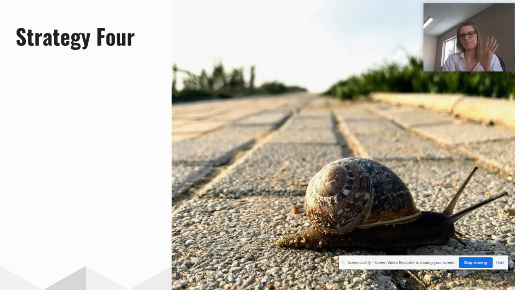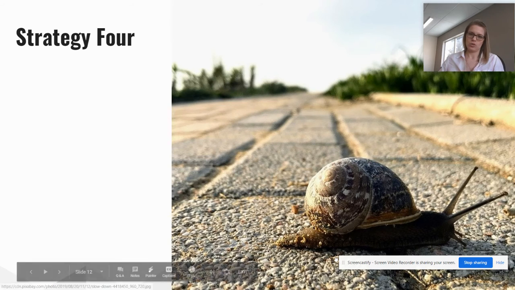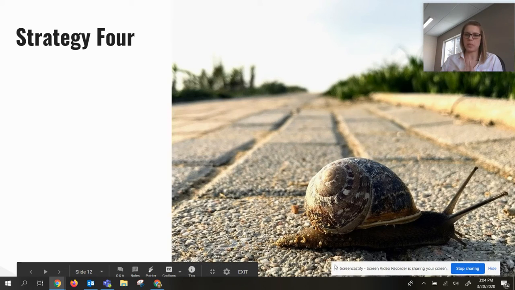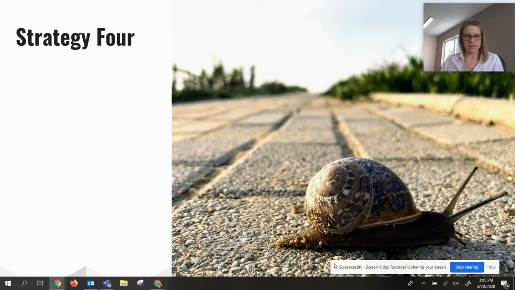Okay, strategy number 4. I am guilty, like 100% guilty of strategy number 4. Go slow, talk slow, give them space. If you talk too fast, they will not keep up with you.